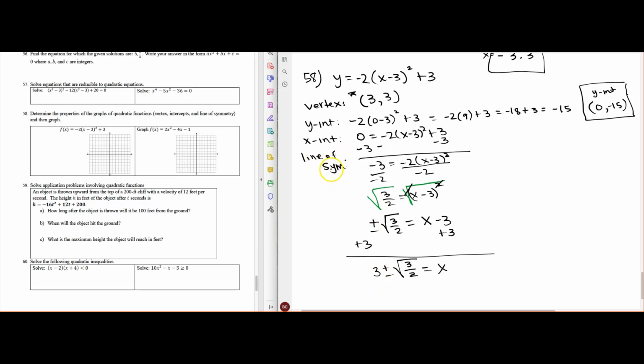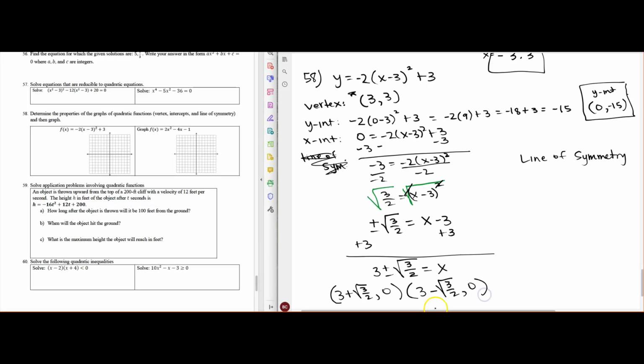Okay, and then how do we find our line of symmetry? So the x-intercept is just 3 plus or minus the square root of 3 over 2? Yeah, so there's 2 different ones, right? So it's like 3 plus the square root of 3 over 2, comma 0, and then 3 minus the square root of 3 over 2.